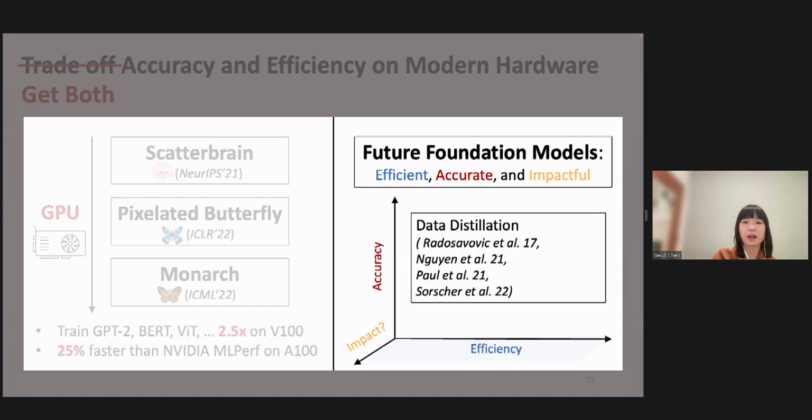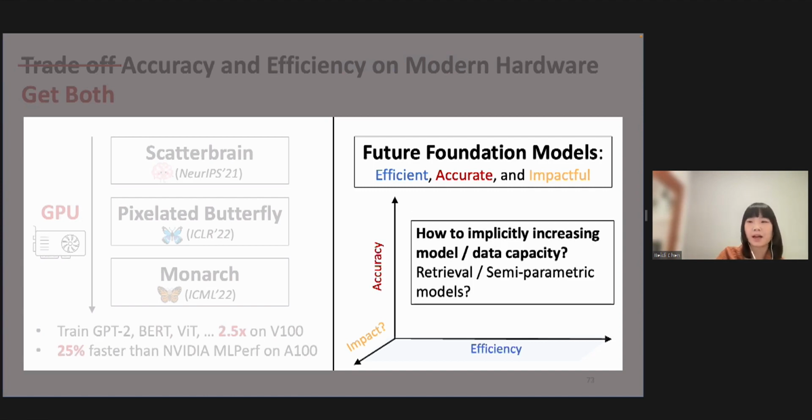There has been a lot of great work recently about data distillation, data diet, and data pruning from the FAIR group, and I'm very excited to pursue this direction. Because under some computational constraints, the key is to find more efficient ways to learn from the data.